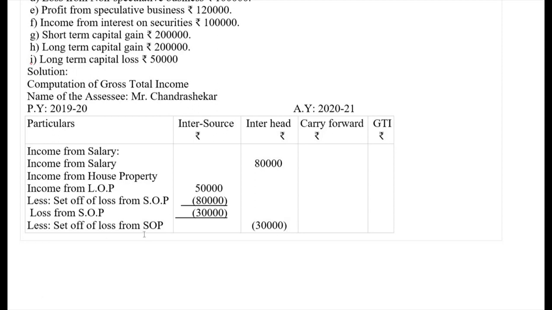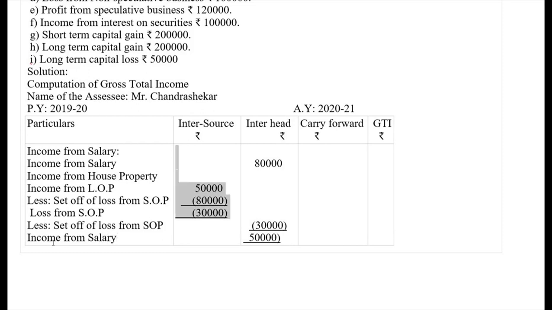Let me underline this here. So the difference comes here, that is 50,000, which is income from salary. This shall not be in the bracket here.